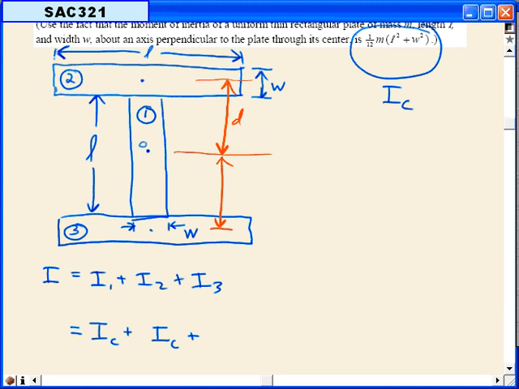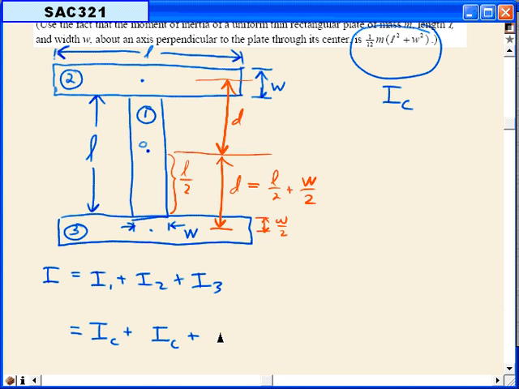And it's going to be, let's say, this distance from the center out to one end is L over 2. And this distance is half the width of a plate, so that's W over 2. So this distance D is the sum of those, W over 2 plus L over 2, or I arbitrarily choose to write it in the other order, L over 2 plus W over 2.